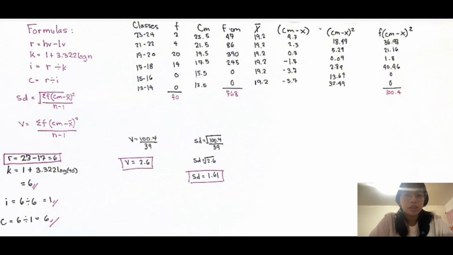So here is 100.4 divided by 40 minus 1, and that will be 39. So 100.4 divided by 39 is 2.6. So next we will find the standard deviation. Once again, we will have to take the square root of 2.6, and this will result in 1.61.